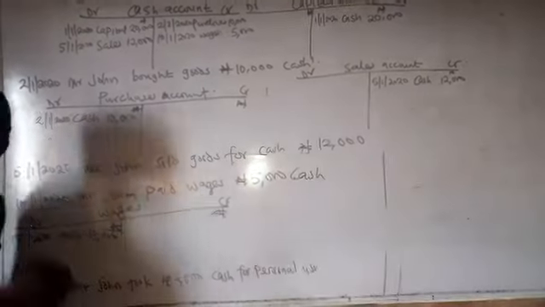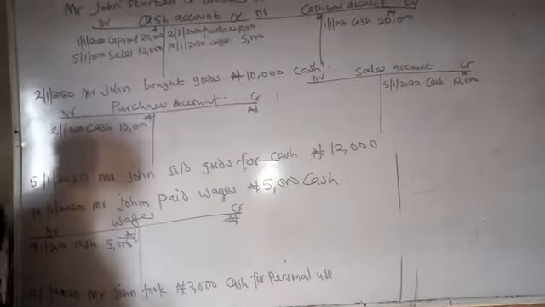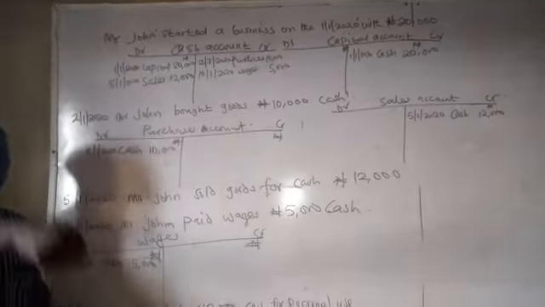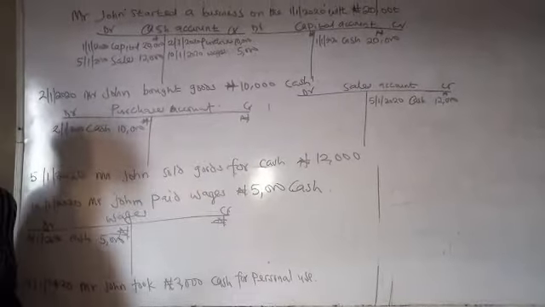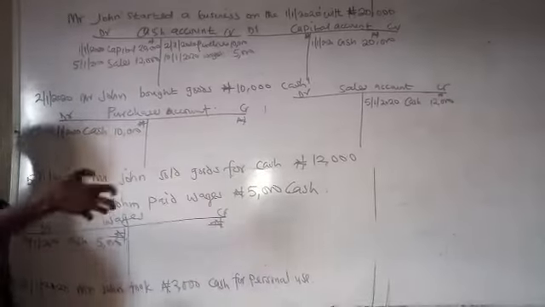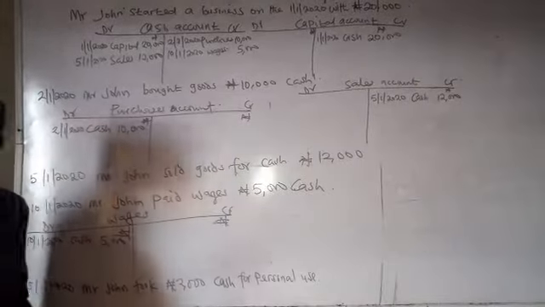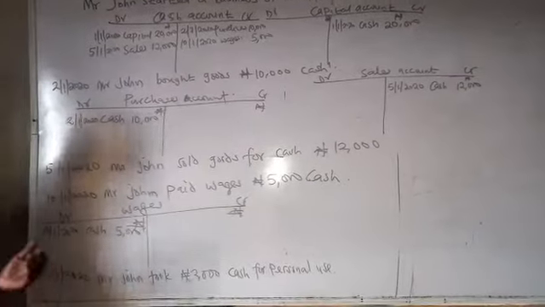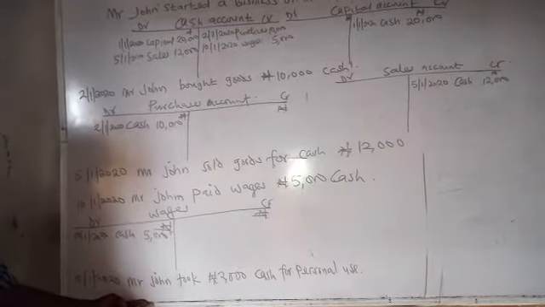Any money drawn by the owner of a business that is not meant for buying or selling of the goods the person is into will be regarded as drawings. This is drawing part of the money that he started the business with. In this case, there are two important accounts. We now need to create a drawings account.